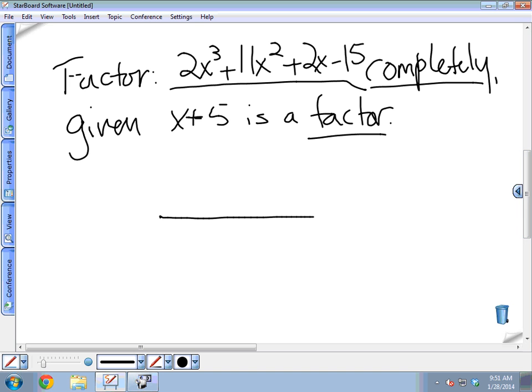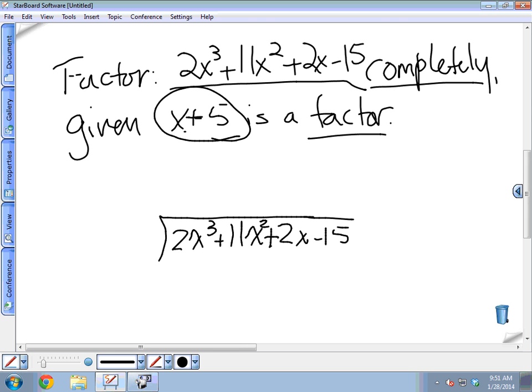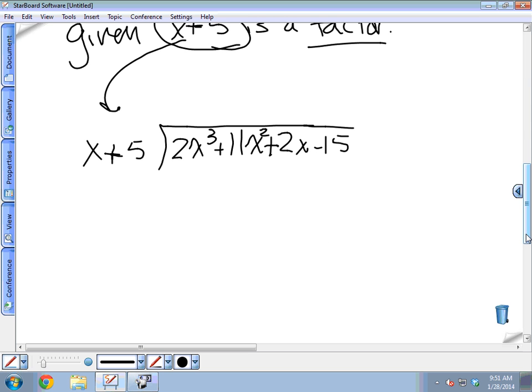Okay? So here we go. 2x cubed plus 11x squared plus 2x minus 15. And this gazinda goes into this thing evenly, which means I better get a remainder of 0, right? And that's exactly what we're going to get, because we're going to actually factor this.